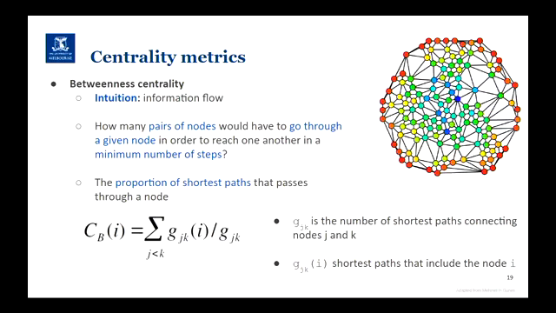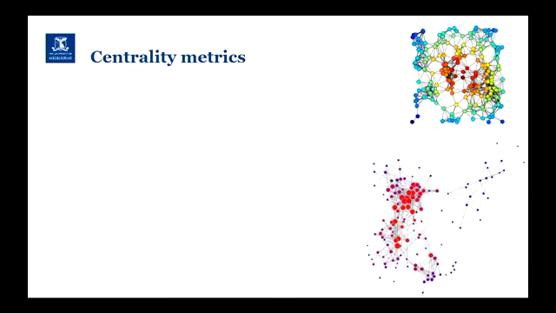What can we do to define shortest paths in a graph? What kind of traversal? Breadth, yeah? And basically, calculating this proportion will give betweenness centrality. And this graph, for instance, is colored based on betweenness. So nodes on the border there have low betweenness centrality, and nodes in between have high betweenness centrality.